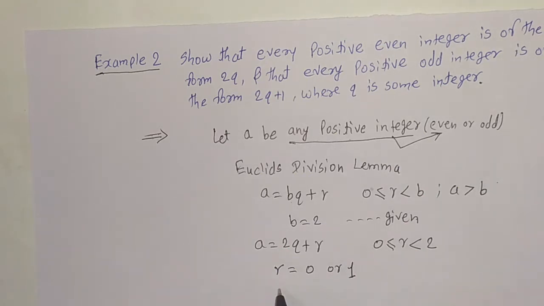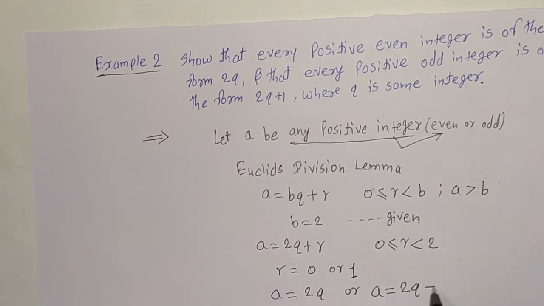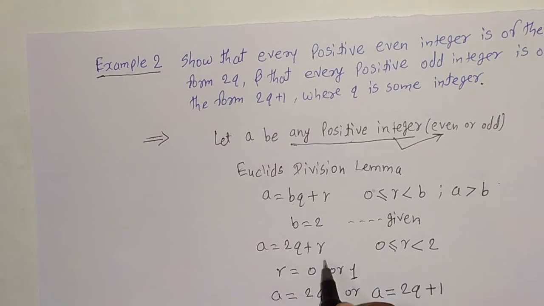So you will get two equations, a equal to 2q or a equal to 2q plus 1. If the value of r is 0, then you get the first number as 2q.